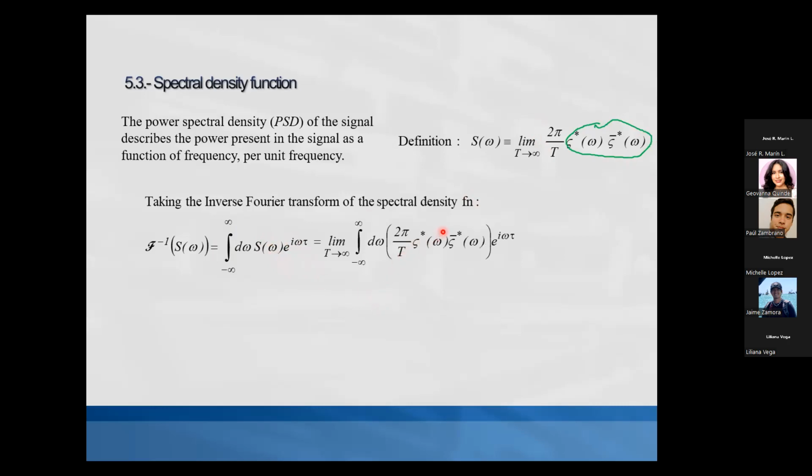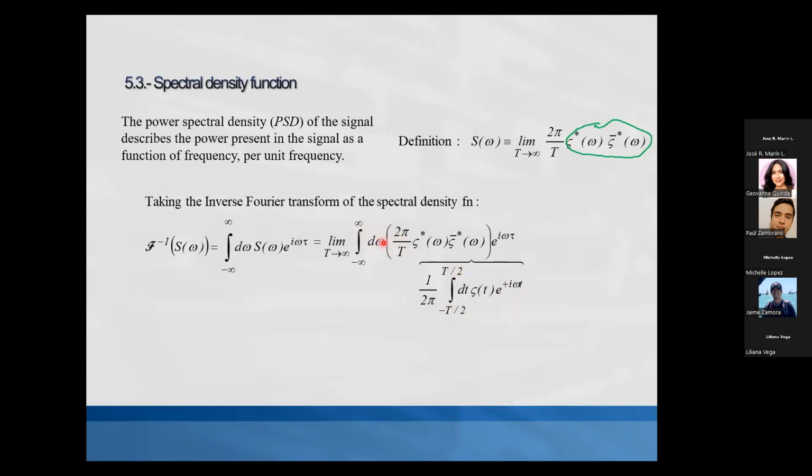Now, this is a Fourier transform which also includes an integration. But remember that this is conjugate. Since zeta is a real function, the conjugate will be, instead of negative, we put positive. So we have to integrate in time and then integrate in omega.